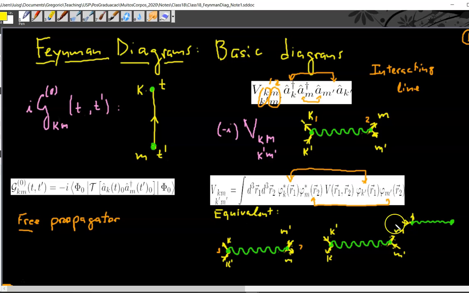So it would be like k prime entering, k going out. Same here, m prime entering. So this is also equivalent, because the only thing that matters here is the green line anyway.